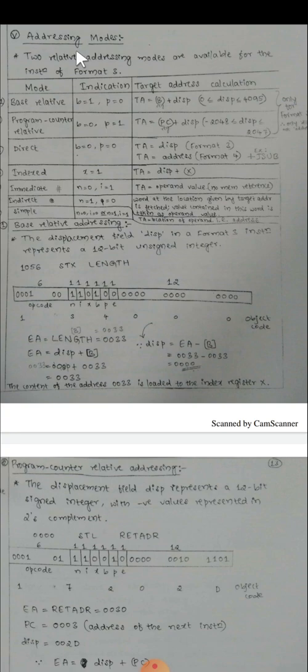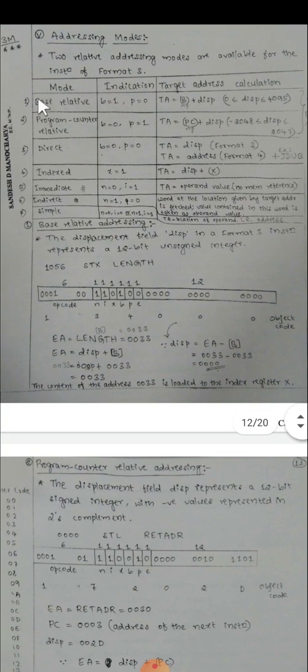A very small number of instructions will be in format number 1, format number 2, or format number 4, but the maximum number of instructions will be in format number 3. For those format 3 instructions, we have to use these relative addressing modes.